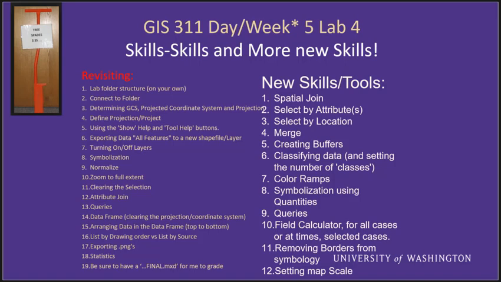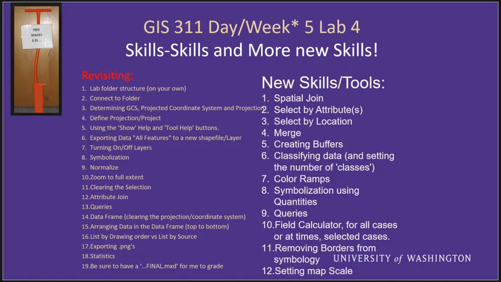Clearing the projection and coordinate system of the data frame, arranging data in the data frame from top to bottom as we want to view it, list by drawing order versus list by source, exporting PNGs, a little bit of statistics, and you've learned to save your final as AAA, user ID, the lab, and then final.mxd.